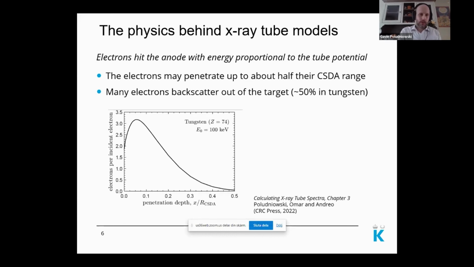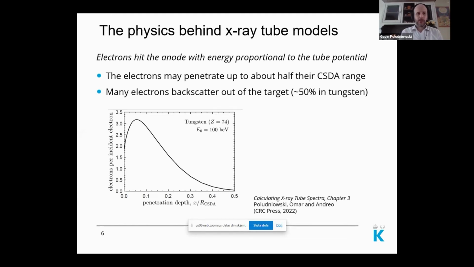But what I've got, this plot here, shows on the y-axis electrons per incident electron, and penetration depth as a fraction of the CSDA range on the x-axis. And what the y-axis means is if you take the fluence at a point, at a plane, at a depth in the target, and then you integrate over the lateral plane or positions, you get a unitless quantity, and that is electrons per incident electron.